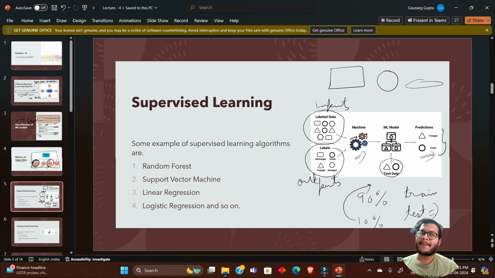You exactly know that, okay, I'm giving you a triangle, I'm giving you a circle. If I give a triangle and a circle, here it is predicting correctly. But for example, in the case of the circle, if it is predicting a hexagon, that's a wrong prediction.